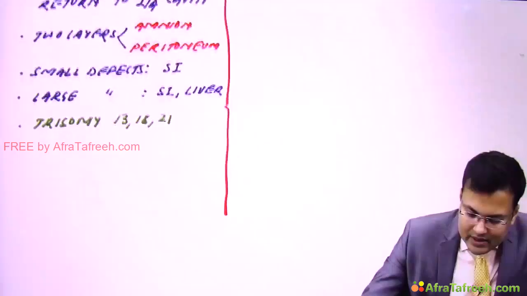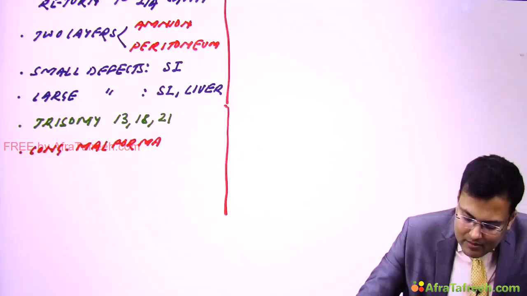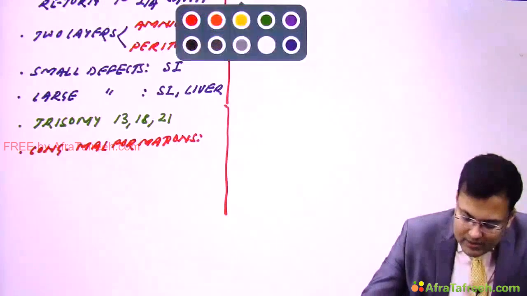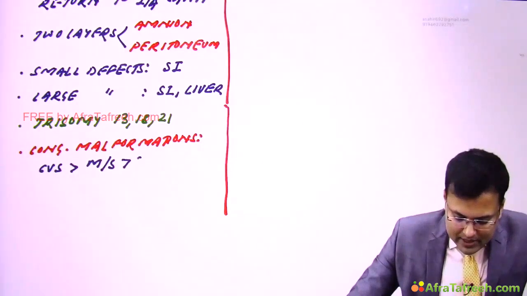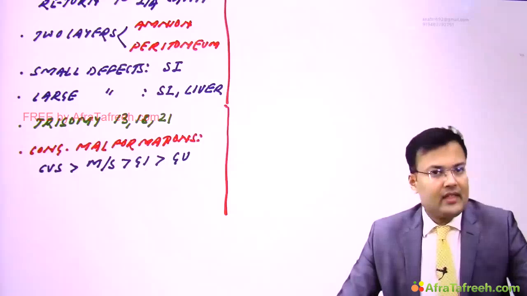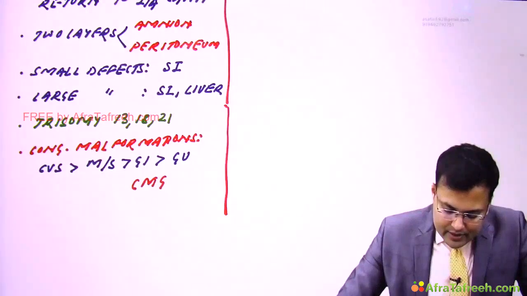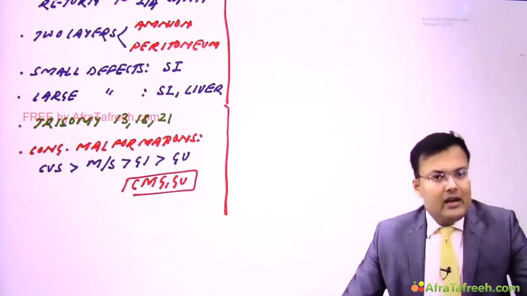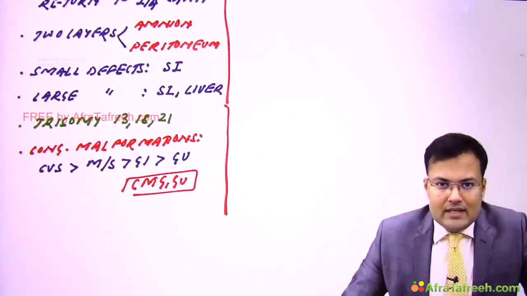You have to remember this. So how to remember? CM GIGU. Clear? Cardiovascular, followed by musculoskeletal, followed by gastrointestinal, followed by genitourinary.